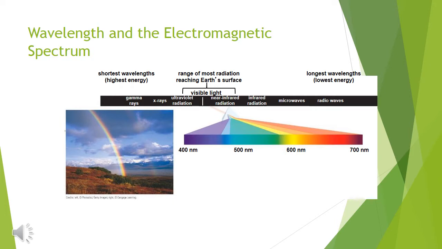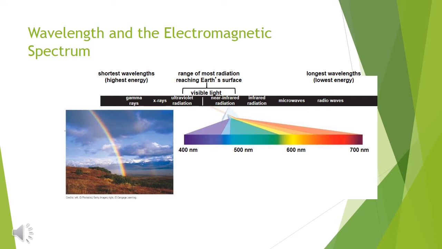And you'll see here in this picture a rainbow, right? And then a horizontal rainbow here with some measurements next to it in nanometers. Visible light is white, but white light actually is comprised of all the colors of the rainbow.